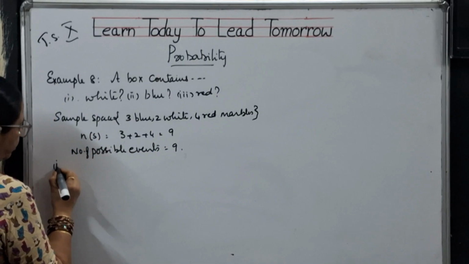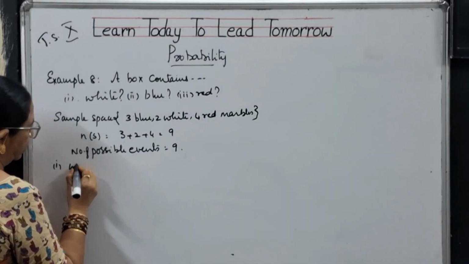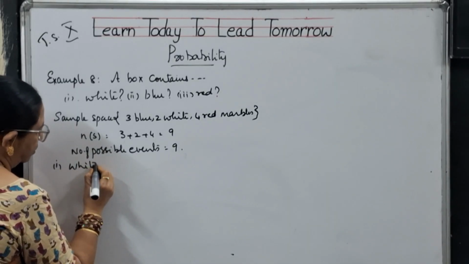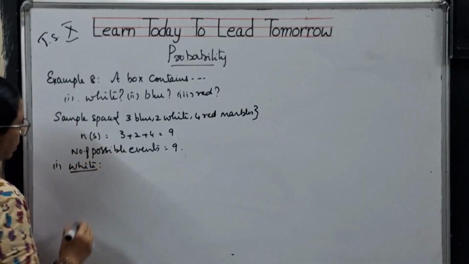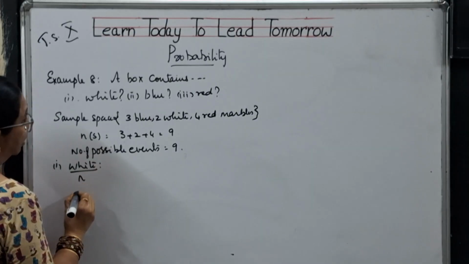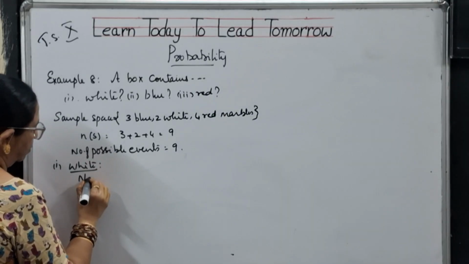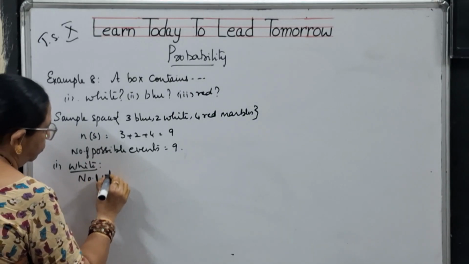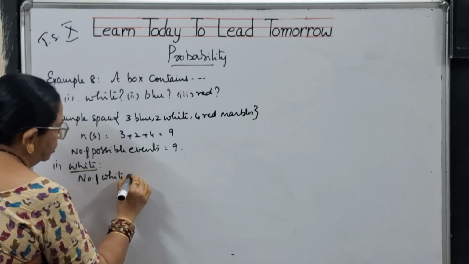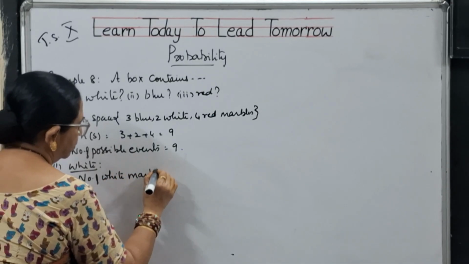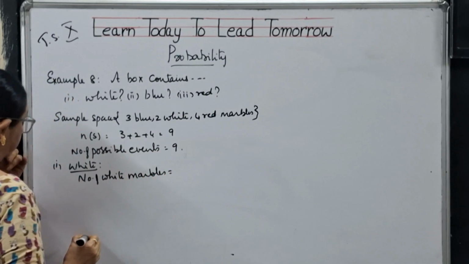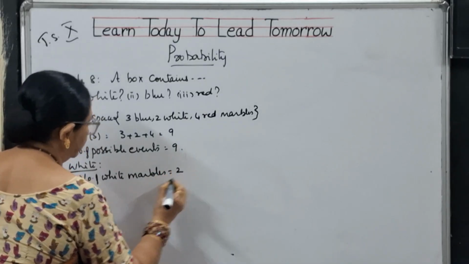Now, first bit, what is the probability of getting white? Number of white balls, number of white marbles. How many are there? There are 2 white marbles.